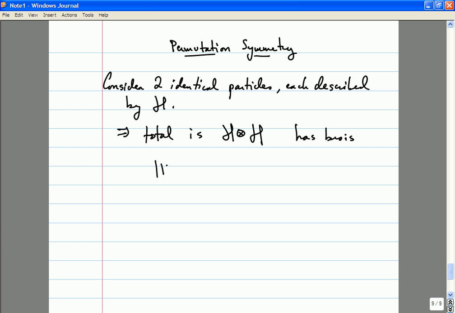So I'll use the subscript 1 and 2 to denote the two different Hilbert spaces of the first particle and the second particle, where K is a label of basis elements for the Hilbert space of a single particle.